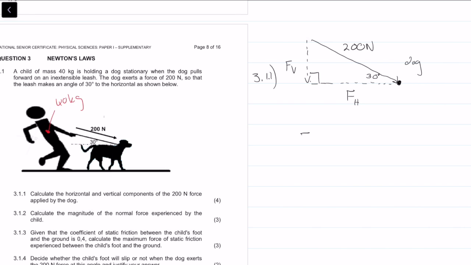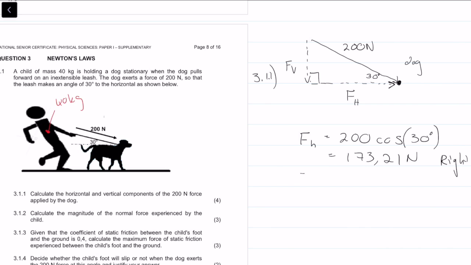Okay, cool. So we can go straight into this. So the force horizontal is going to be using some angles. We can say that it is going to be 200, and we want the horizontal, so cos of 30 degrees, which is equal to 173.21 newtons. Okay, and we need to give it a direction, so this force is acting in the right direction.